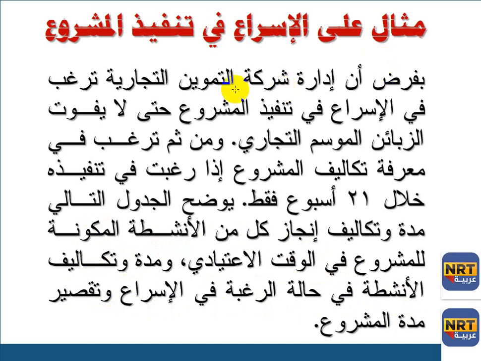Supposing that the management of the trade supply corporation would like to crash a task execution in order not to miss the commercial season clients, and then would like to know the cost of the task if the corporation was willing to execute the crash within only 20 weeks.